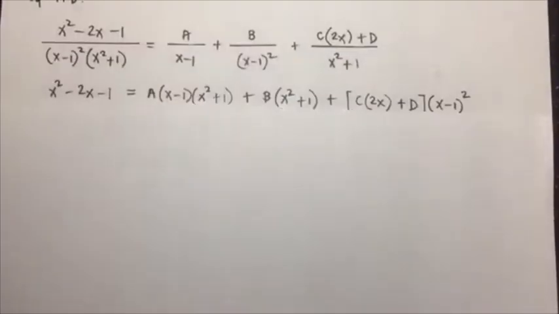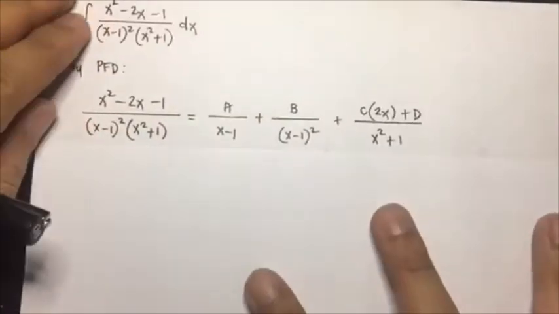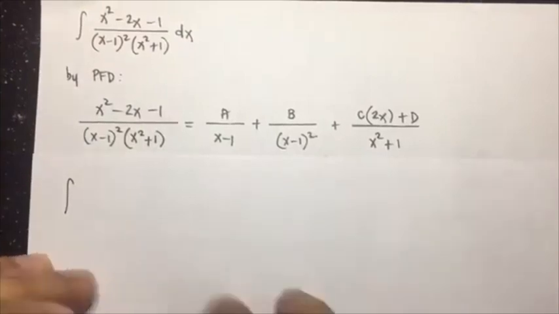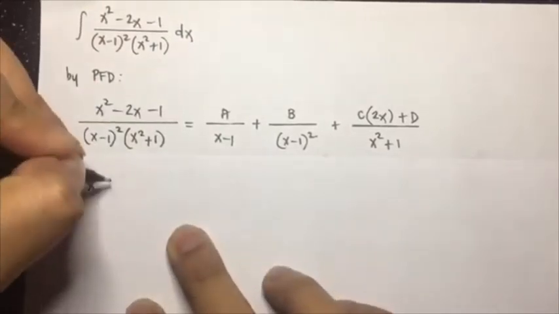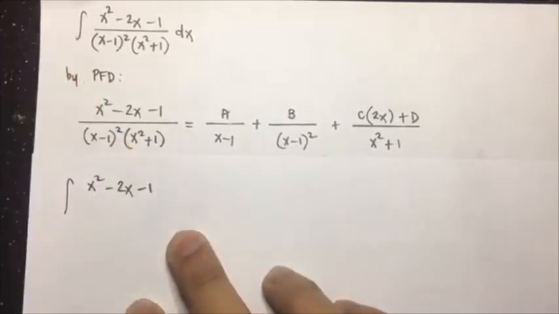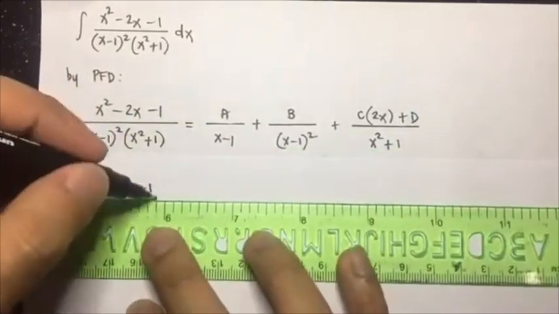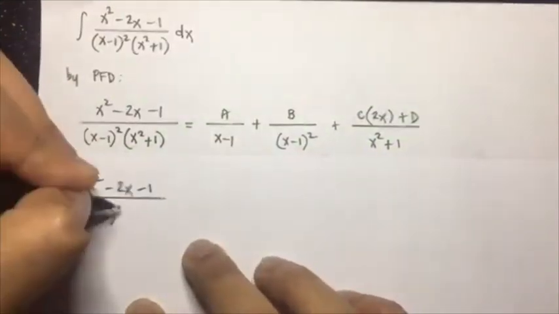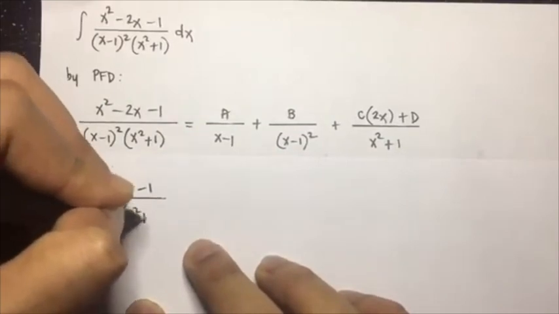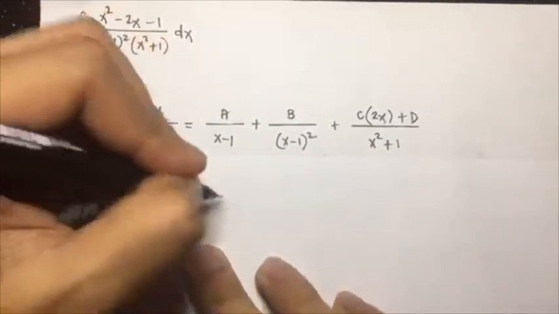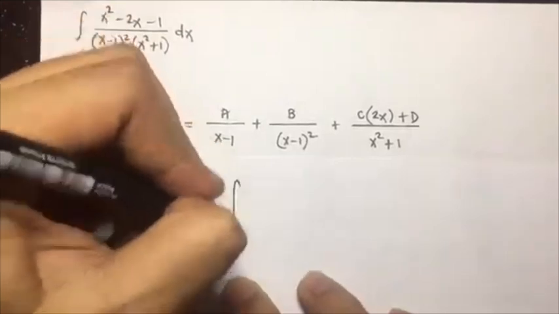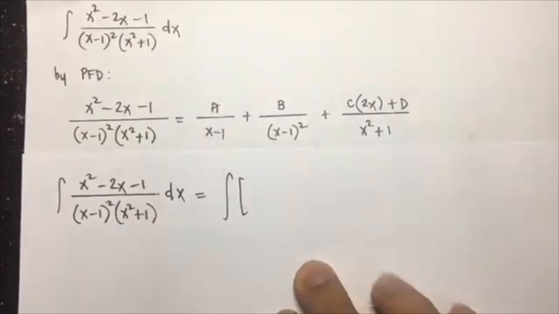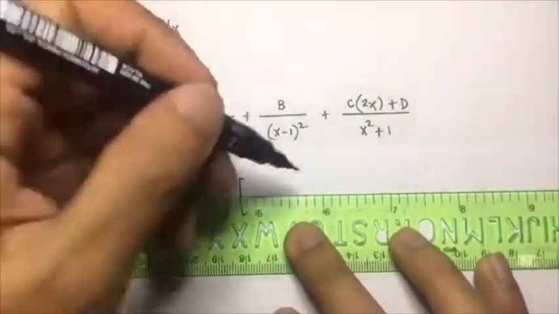So therefore, our integral, the integral of x squared minus 2x minus 1 over (x minus 1) squared times (x squared plus 1) dx, will now become the integral of, so what was the value for our a? a is equal to 1.